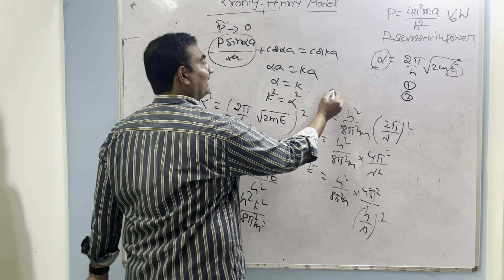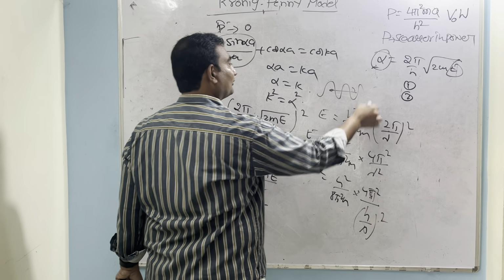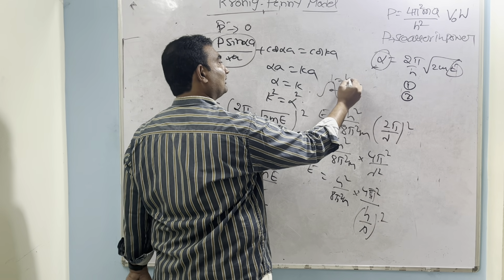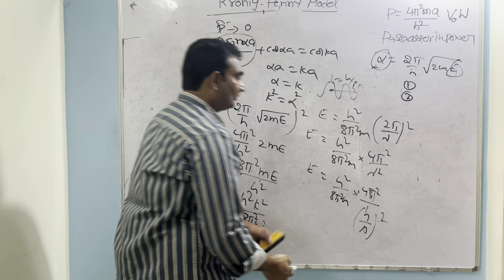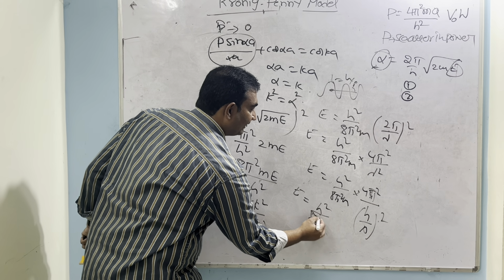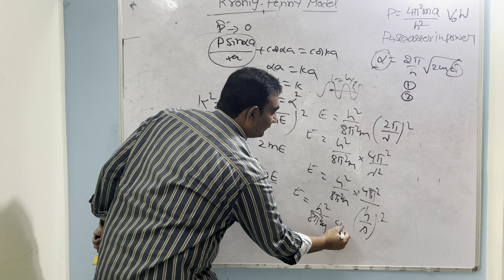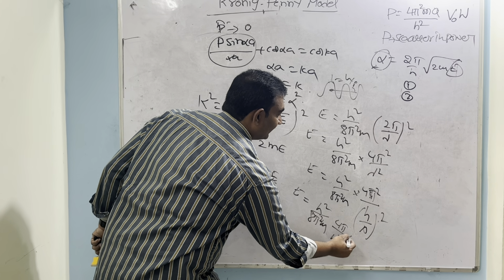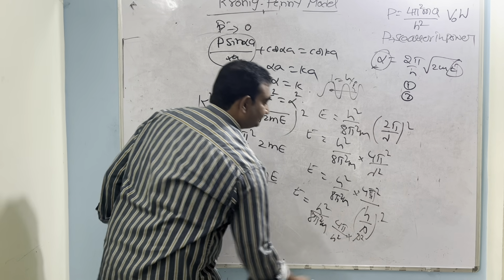So the electron behaves like a wave, associated with a wavelength lambda equal to h by p. So that equation turns out to be E equal to h square by 8 pi square m into 4 pi square divided by h square into p square.